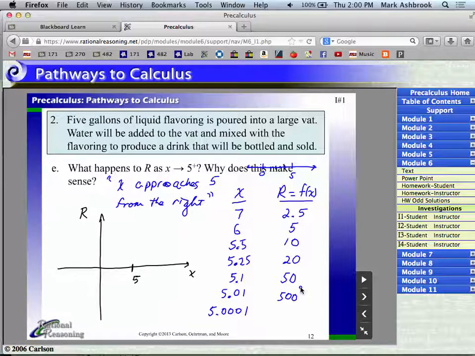Yeah, but why? What's going on? Talk to me about the meanings of these numbers.